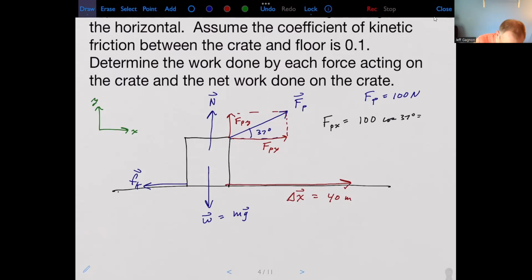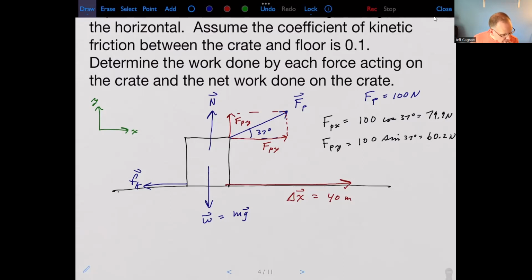And it's positive, and in this case, it's 79.9 newtons. And FPY will be 100 times sine of 37, and that equals 60.2 newtons. Just so we have them, we don't have to worry about this now.